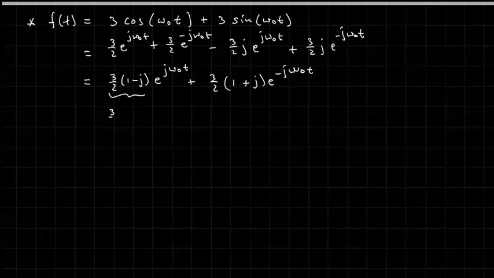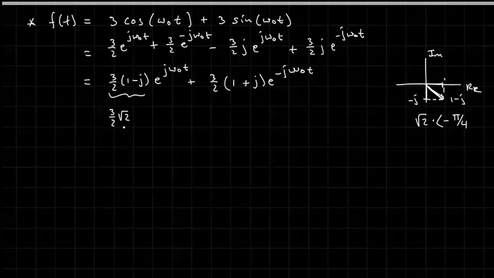If we draw that on the complex plane, we would have 1, and minus j would be down here. So this right here is 1 minus j. We could write it as magnitude of square root of 2, the square root of 1 squared plus 1 squared, times an angle of minus 45 degrees, or minus pi over 4.